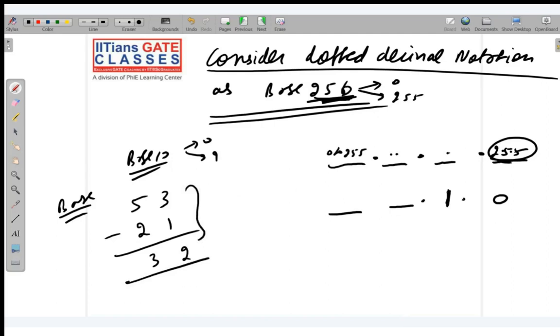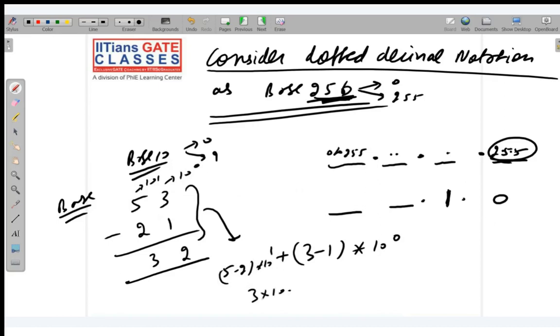I can write it like this: 3 minus 1 into 10 to the power 0, because the place value here is 10 power 0 and here it is 10 power 1. Here I will write 5 minus 2 into 10 to the power 1. So what you get is 3 into 10 plus 2, that is 32. Are you getting it? Yes, sir.